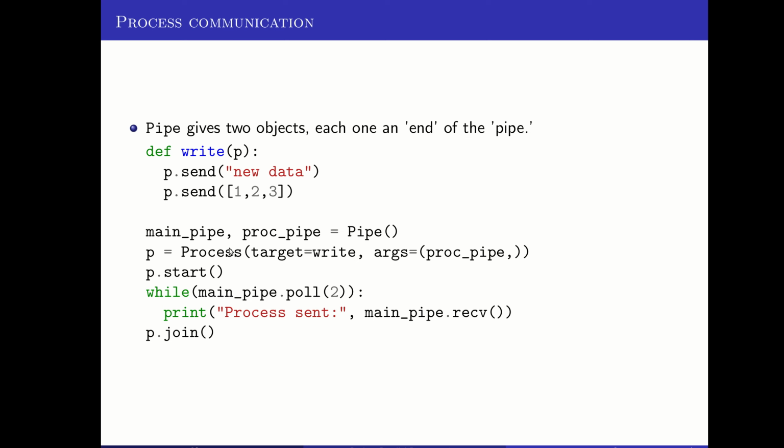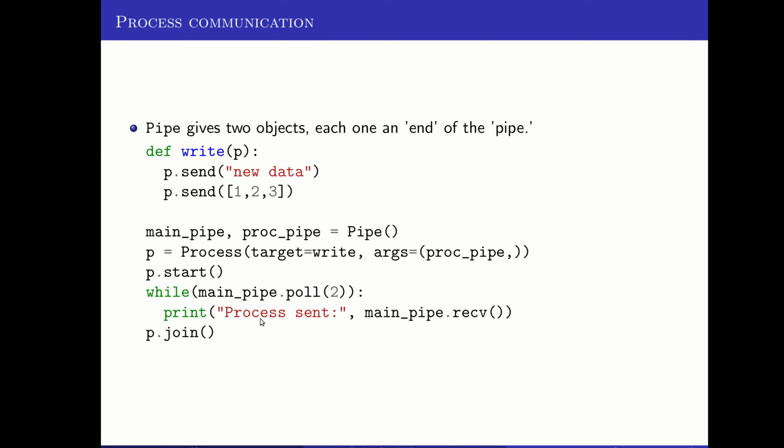So I create a new sub-process. I give it write as its function, which sends new data and the array 1, 2, 3. And its arguments will be the pipe that it's going to be sending over. And then my main process is going to be asking if the pipe has information.